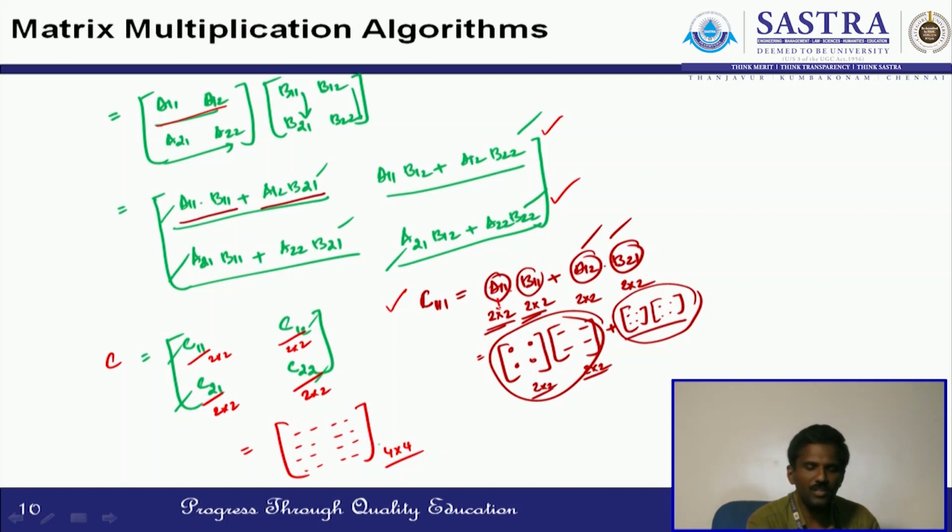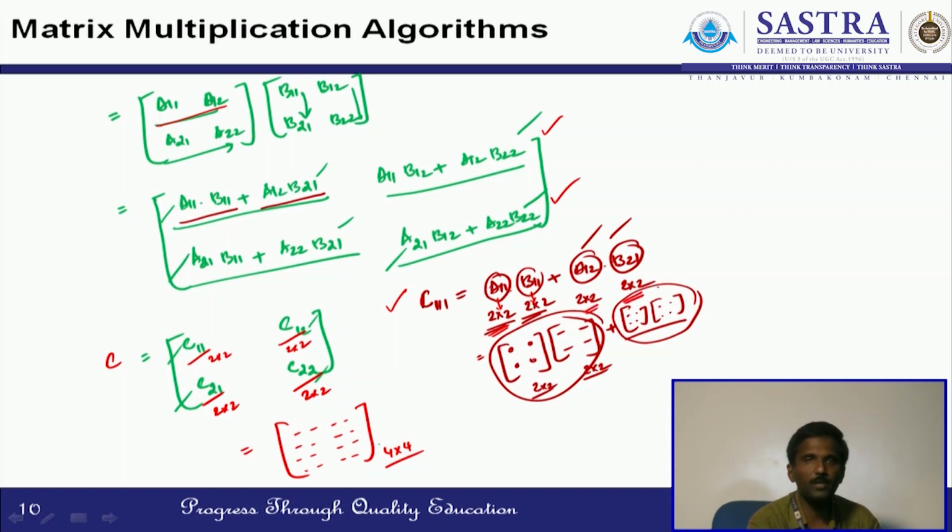Each Aij is not a matrix of order 1 by 1. Likewise, each Bij is not a matrix of order 1 by 1. Instead, each Aij and Bij is a matrix of order 2 by 2.